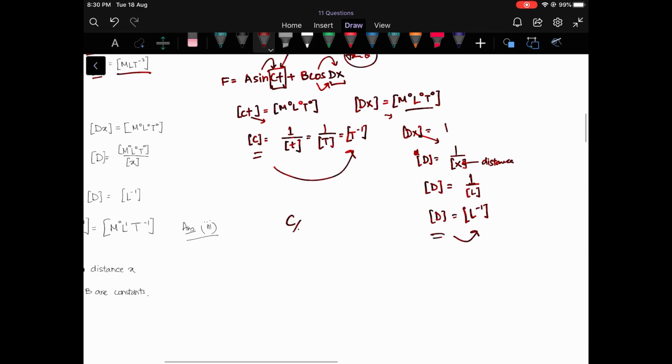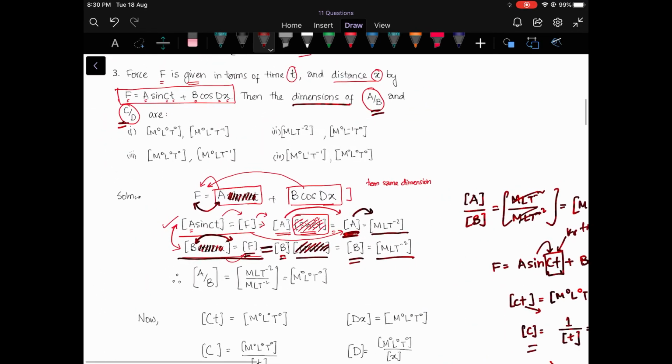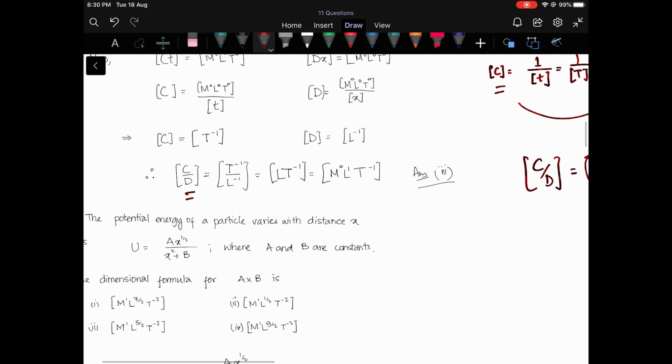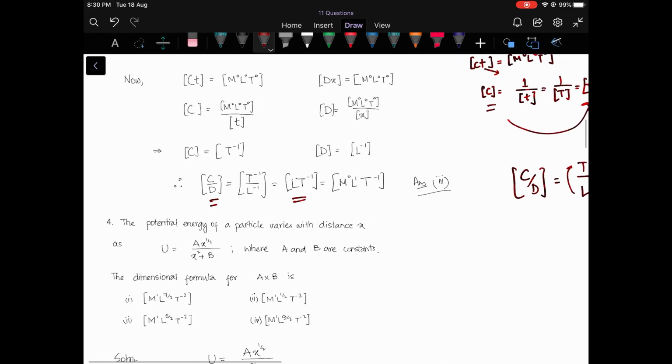Therefore the ratio of the dimension c by d must be equal to the dimension of T^-1 and then the dimension of L^-1. This L, when I take it up, simply looks like L, so I have LT^-1. So we have got the dimension of c by d, that is LT^-1, or M^0 L^1 T^-1.